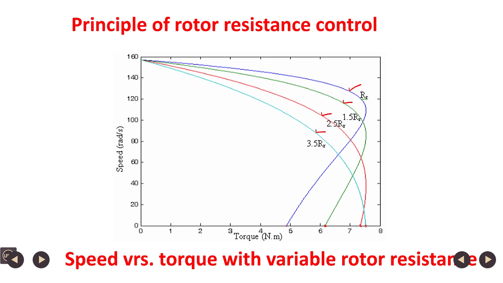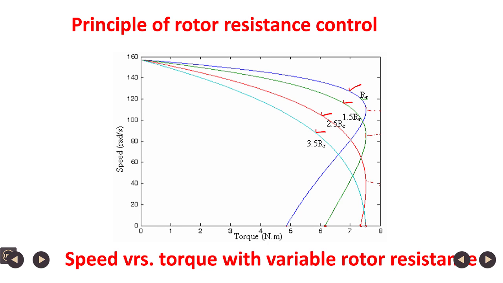And another point, the maximum torque for different rotor resistances is constant, but the speed at which the maximum torque occurs changes with rotor resistance. So, these are the features of speed versus torque characteristics for different rotor resistances.